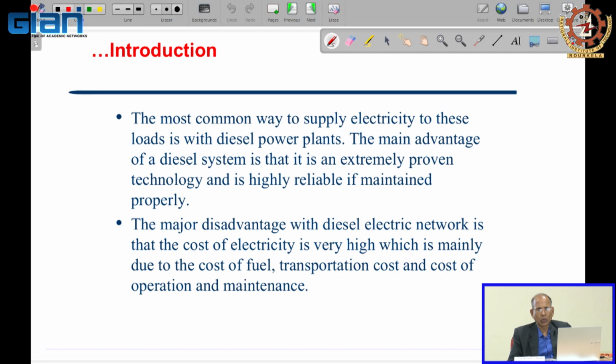Even when we have to do maintenance for the diesel generator, sometimes specialized maintenance is required, which may need technicians or engineers traveling from the cities to the remote areas. So overall, if you add it up, the cost of electricity produced from the diesel generator becomes significantly higher.